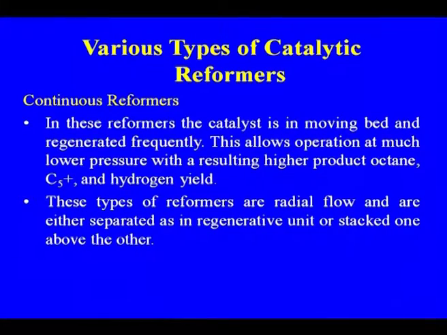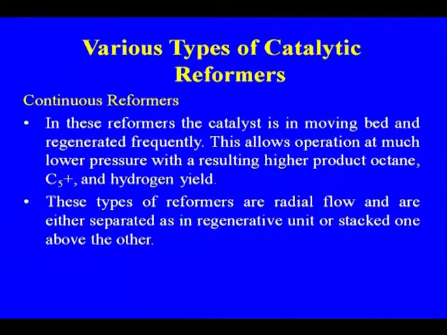Continuous reformers. In these reformers, the catalyst is in a moving bed and regenerated not frequently, but continuously you can say. This allows operation at much lower pressure with resulting higher octane, C5 plus and hydrogen yield. These types of reformers are radial flow, because the reactor can be axial or radial.